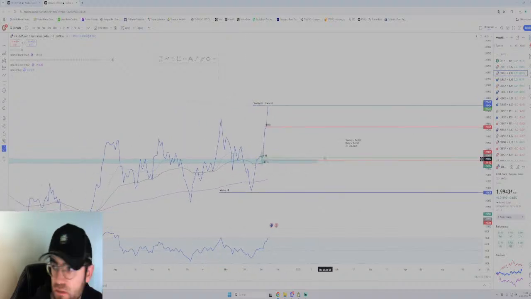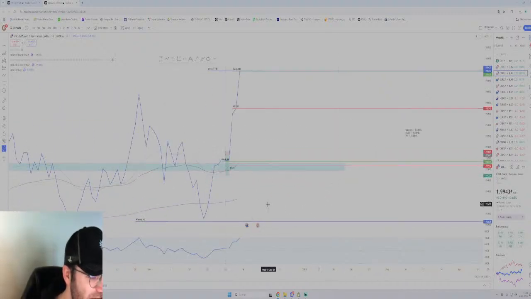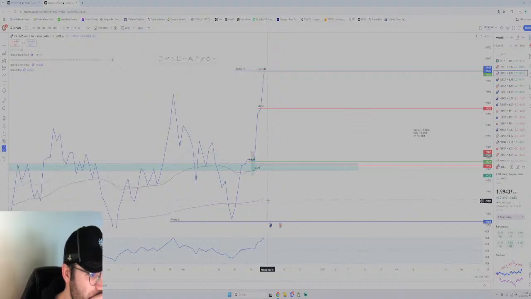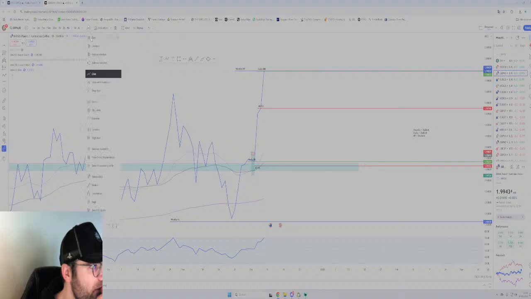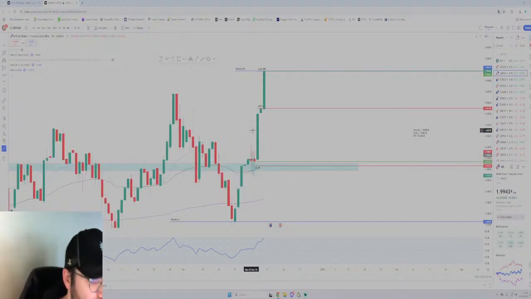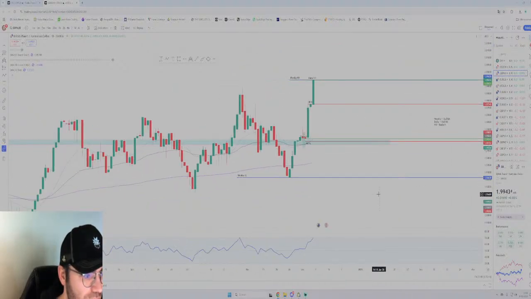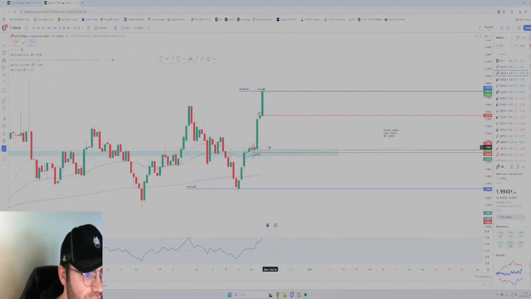This is a weird one, it's super flat. Is this a low? I don't know. Hard to say. I don't really think so. I think we could just consider the daily higher low also over here.